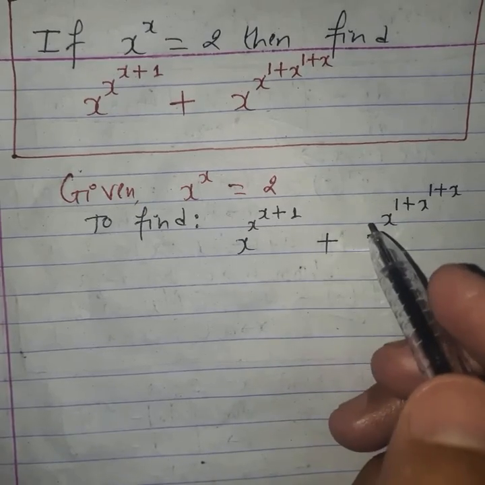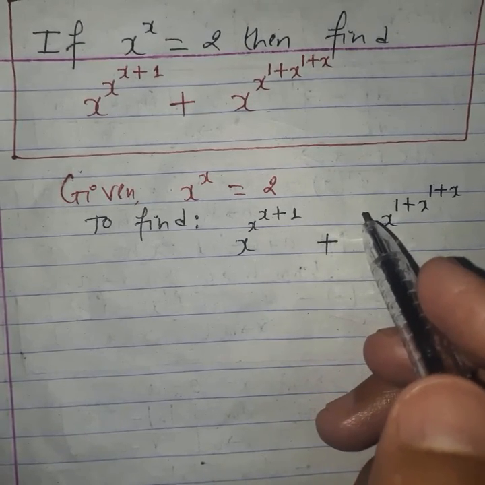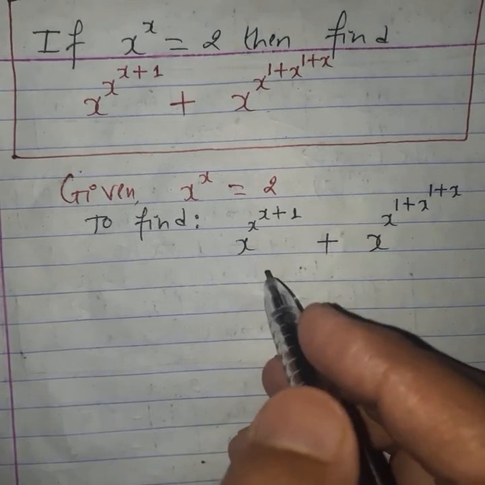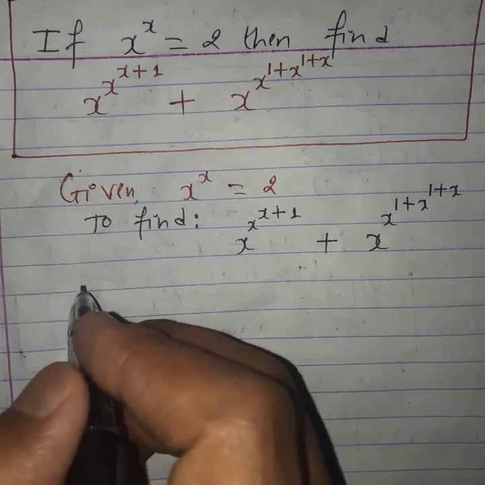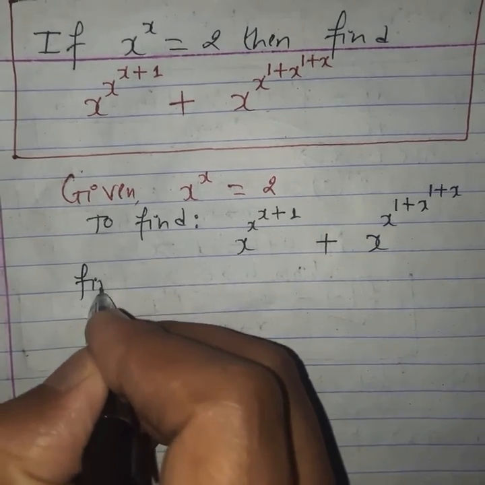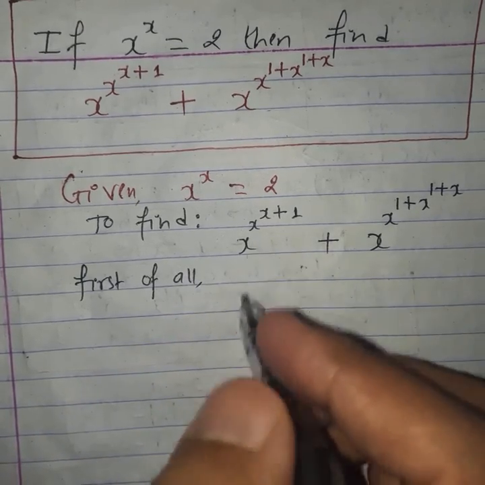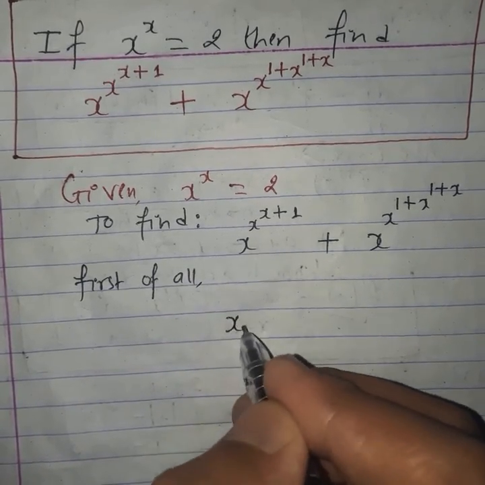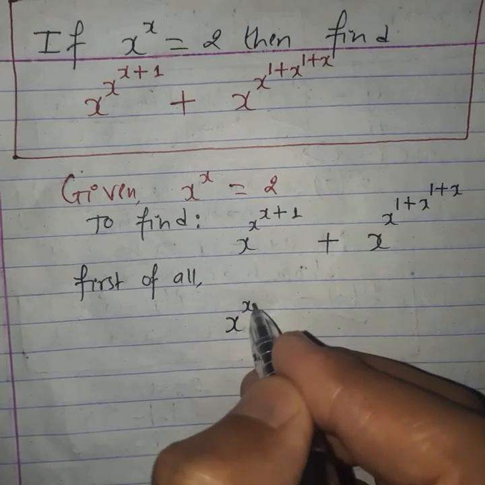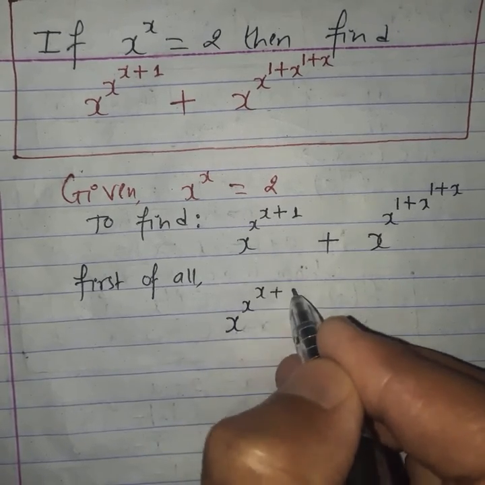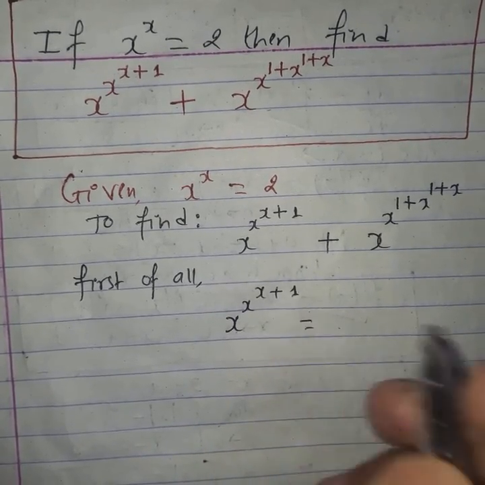Let's solve this question by using the concept of the indices. First of all, let's take the first term. Here the first term is x to the power of x, and this x again raised to the power of x plus 1. Let's simplify this.